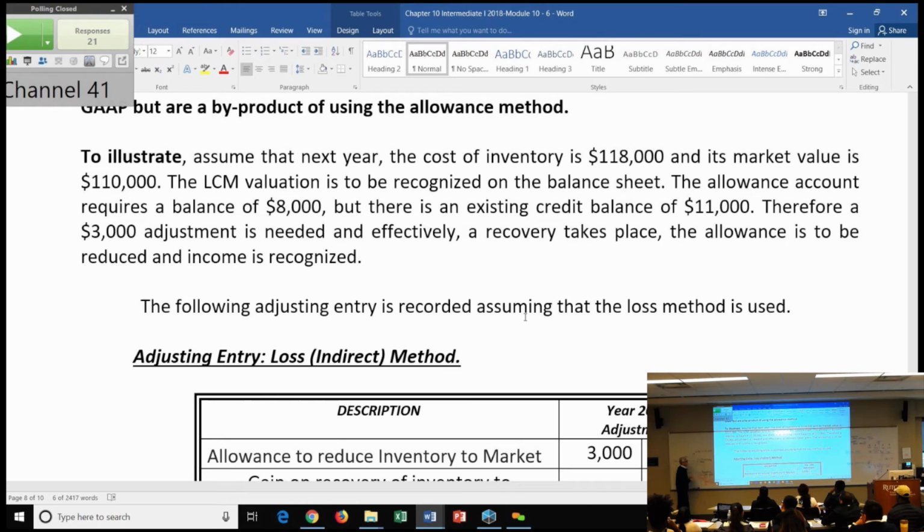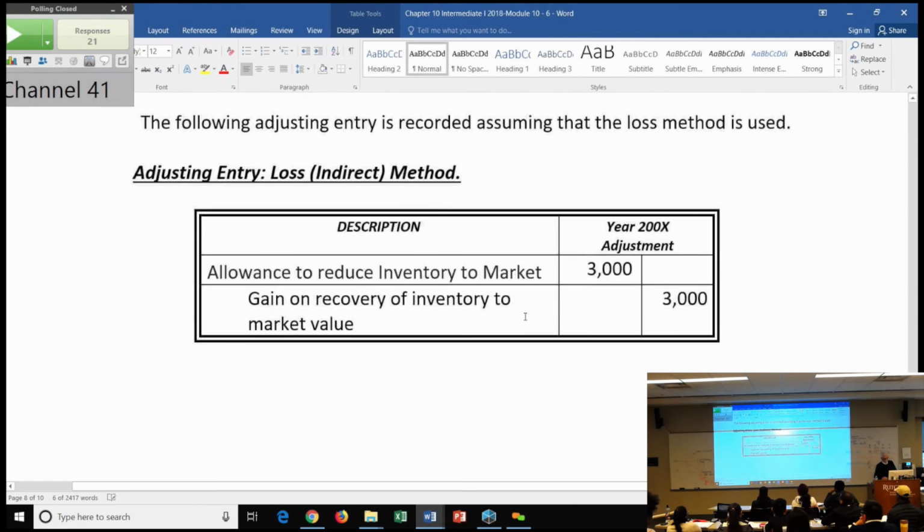I have to reduce the allowance by 3,000. And the only way I could do that, if you look at the journal entry, is I have to debit the allowance, and then I've got a recovery gain, which happens. It happens on receivables also, but it's not preferred by GAAP.